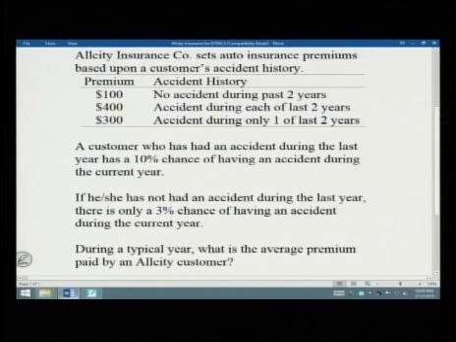what you want is, okay, the question is during a typical year, what is the average premium paid by an all-city customer? How do you get the premium value of each customer? You're going to use these values, right? The insurance company will charge $100 to the customer who has no accident record during the past 2 years, right?